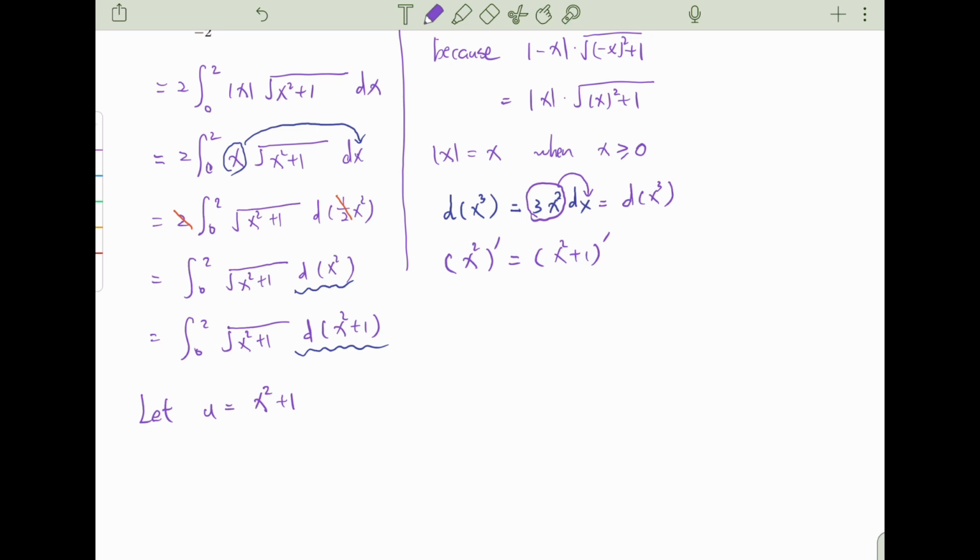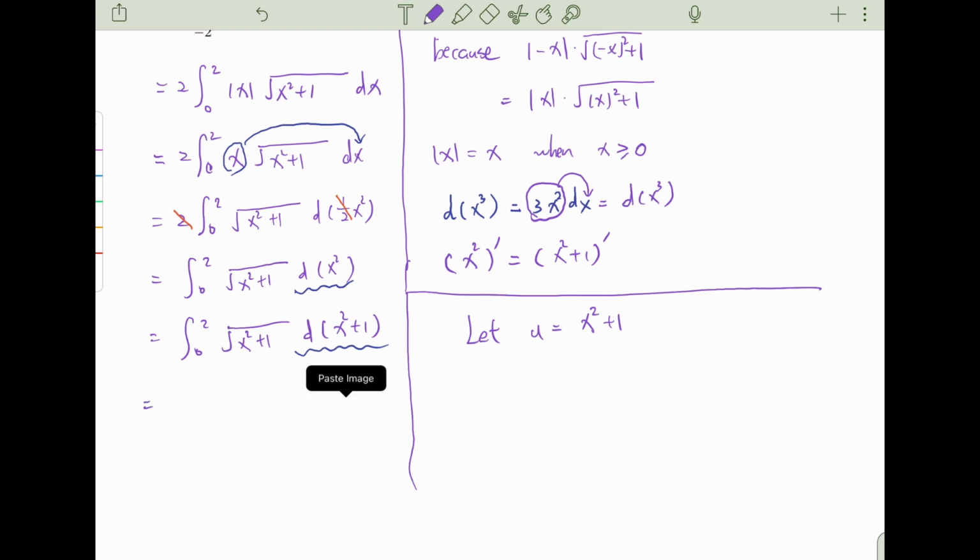And by letting u equal x squared plus 1, I can do the substitution, and at the same time I also need to change the upper bound and lower bound accordingly, right? So this now becomes the square root of u, du, since x squared plus 1 has been replaced with u.